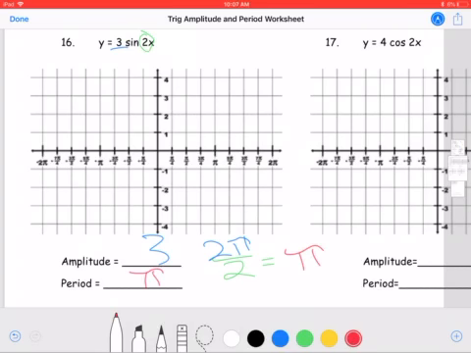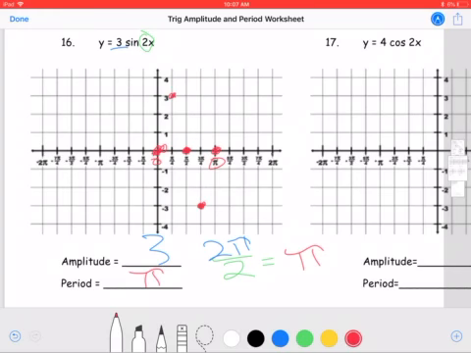So this is saying that we will have a full cycle completed if we start at 0 and then end up at pi. So that means that in between 0 and pi, we need to have that full cycle that's going up to 3, crushing through the 0 on the x-axis, going all the way down here to -3, and then going back up.